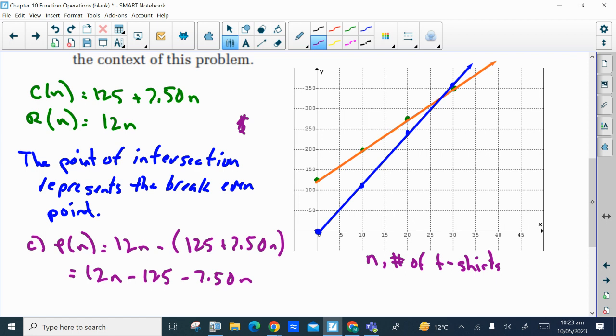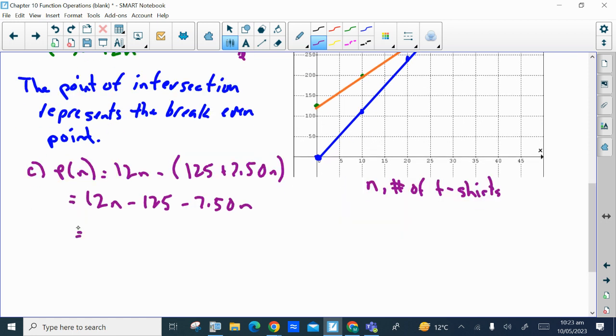And then 12n take away 7.5n is 4.5n. And so there is our profit function in terms of n, the number of shirts.